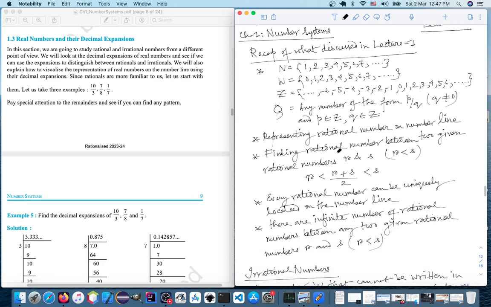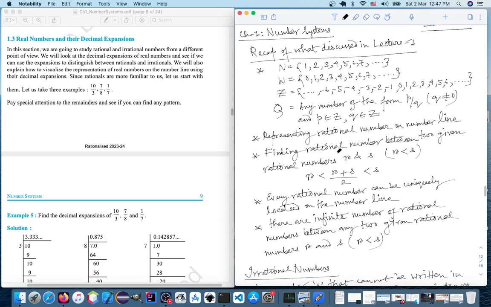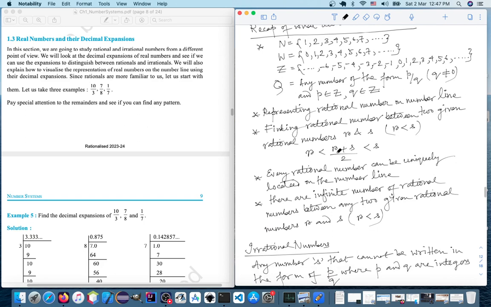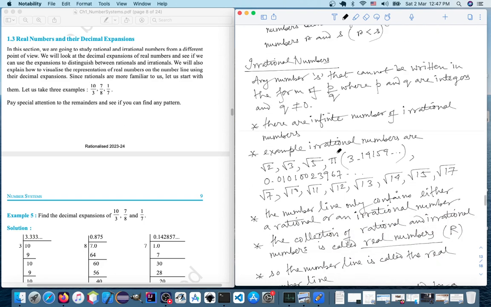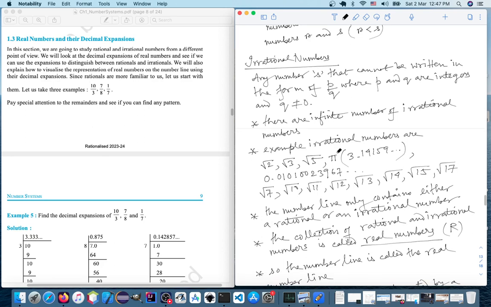We discussed briefly about the natural numbers, the whole numbers, the integers, and the rational numbers. We studied the irrational numbers, that any number that cannot be written in the form p by q, where p and q are integers and q not equals to 0, is an irrational number. We saw that there are infinite number of irrational numbers on the number line.